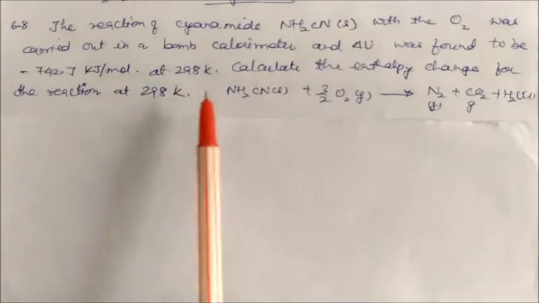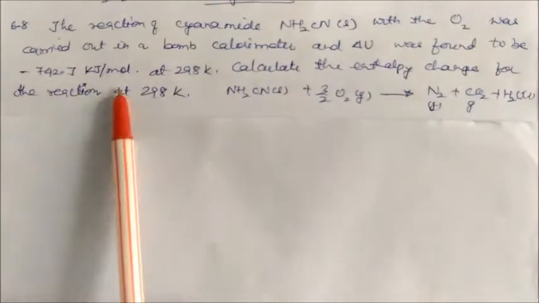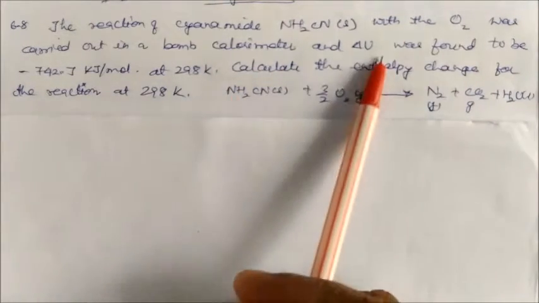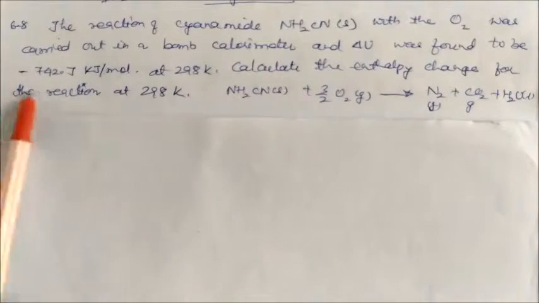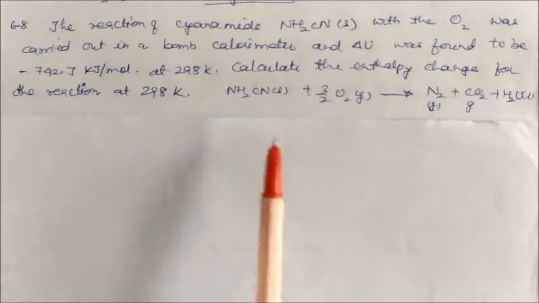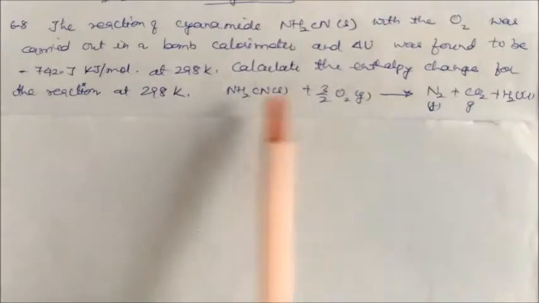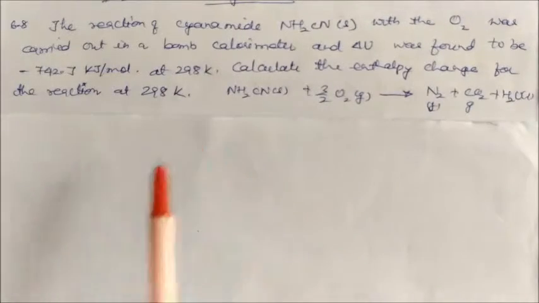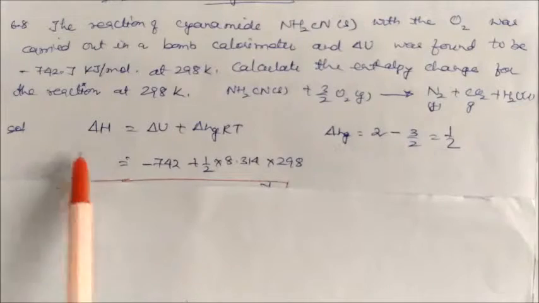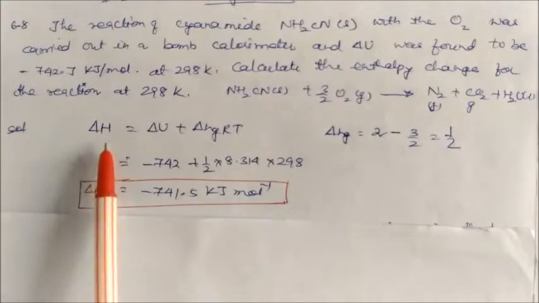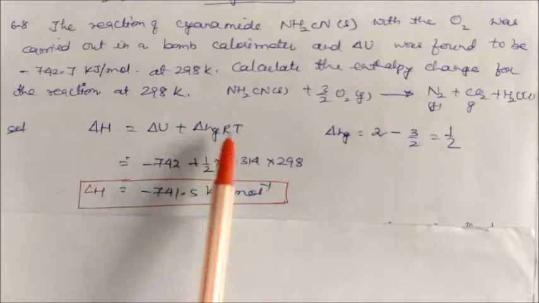The reaction of ammonium cyanamide with oxygen was carried out in a bomb calorimeter, and delta U was found to be this much value at 298 Kelvin. Calculate the enthalpy change for the reaction at 298 Kelvin. So delta H is equal to delta U plus delta Ng RT. So how much is delta Ng?